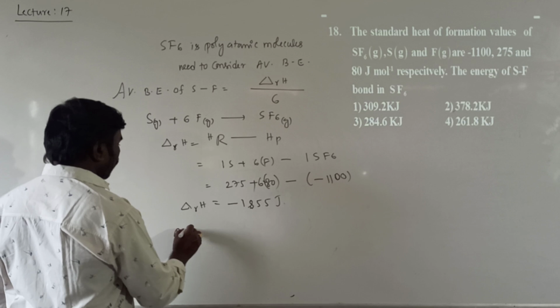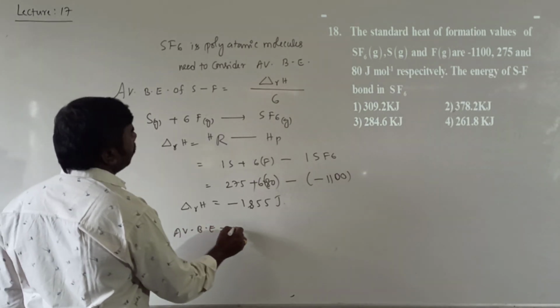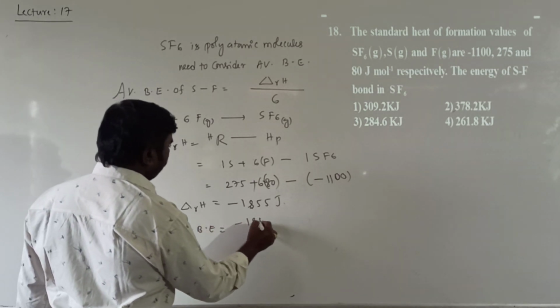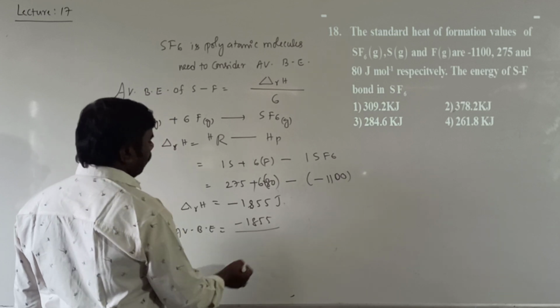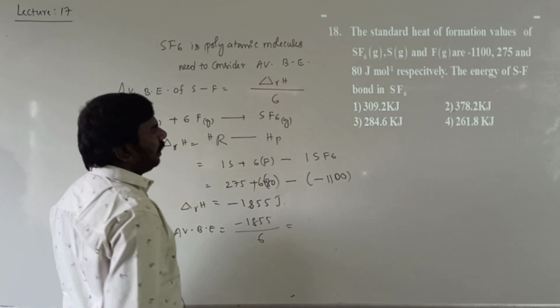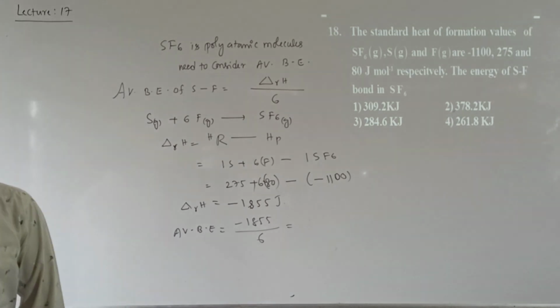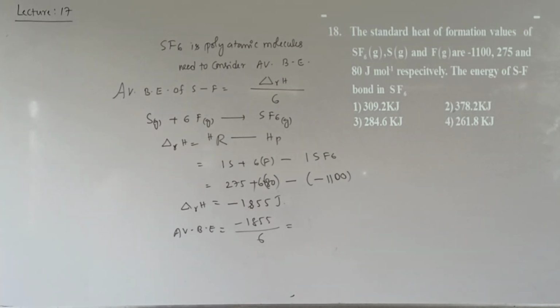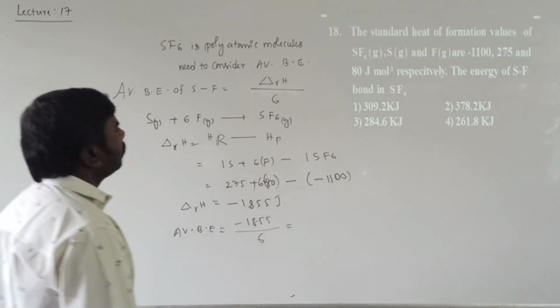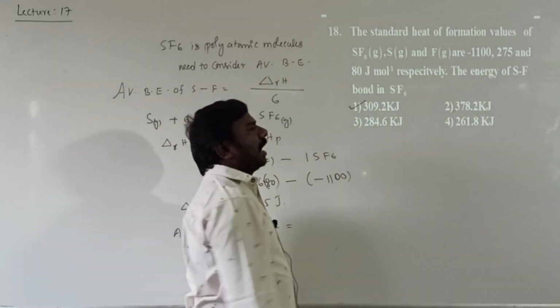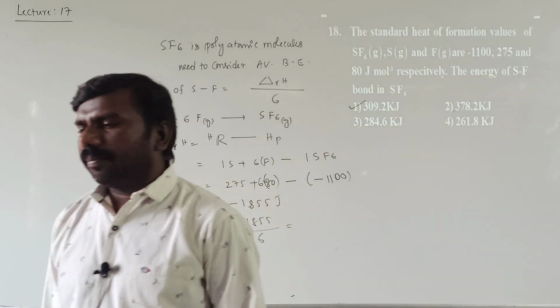Then the average bond enthalpy is delta H reaction, minus 1855, divided by 6. The answer will be 309.2, it is the average value, okay.